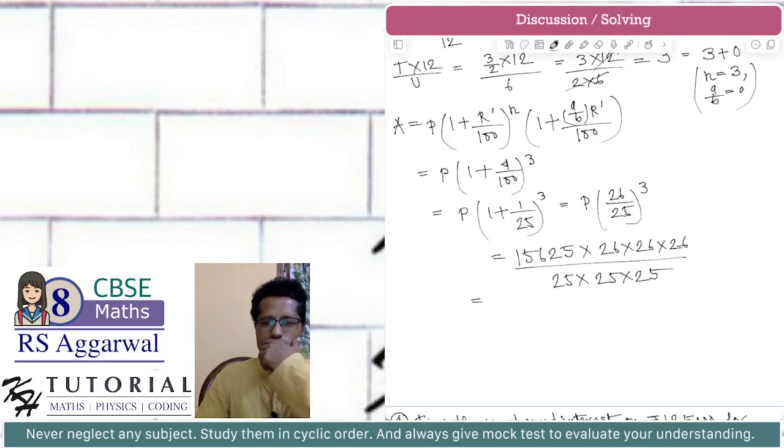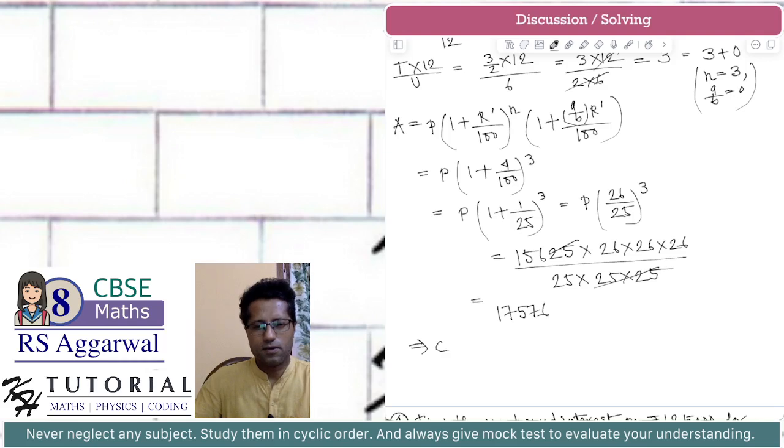Now, I guess 25 cube is 15625. Let me check. 25 cube must be equal to 15625. It is, so this cancels out. So this is equal to 26 cube, which is equal to 17576.